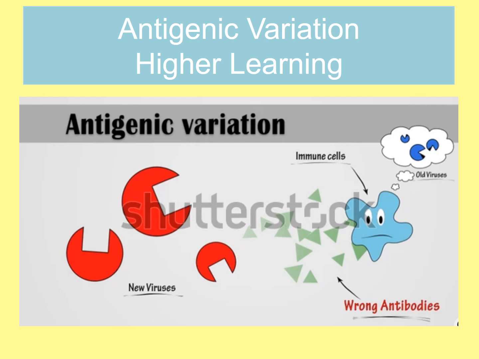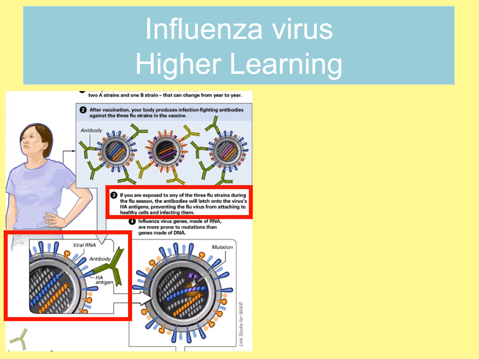With antigenic variation, because of the change in the antigens on the surface of a virus, we find that previously made antibodies will no longer be complementary to the antigen on the surface of the pathogen. Production of new antigens enables the influenza virus, for example, to avoid the effects of the human body's immunological memory.